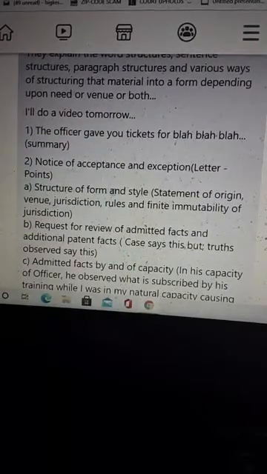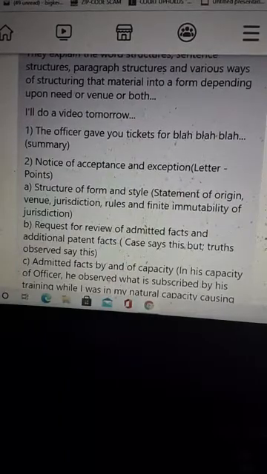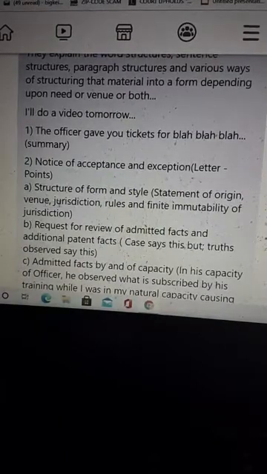The structure and form and style is a statement of origin. It's your venue, your jurisdiction, your rules, and your finite immutability of that said jurisdiction. That's what your points are going to be constructed on.